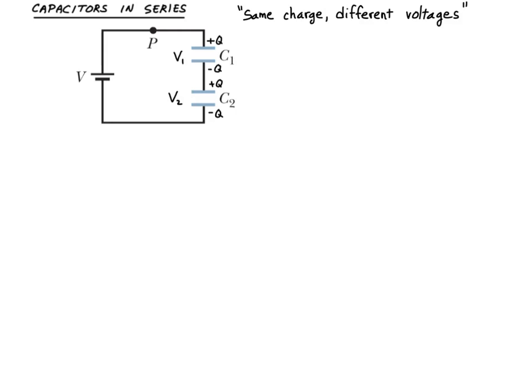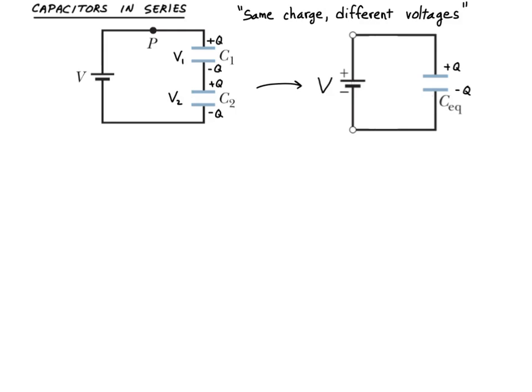So the question now is, can we replace this circuit with an equivalent circuit with one capacitance, CEQ, and what would that capacitance be? Well, using the capacitance equation again, we can write down the values for V1, V2, and V. Now we notice that the voltage drops V1 and V2 must add up to V. In other words, V must equal V1 plus V2.